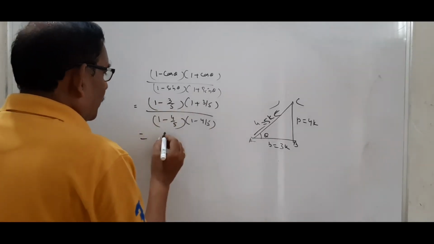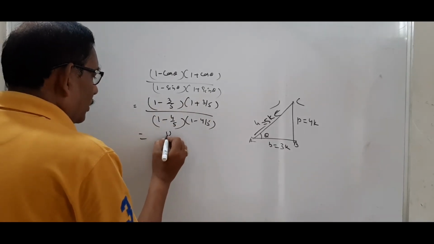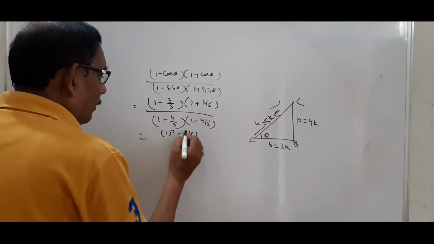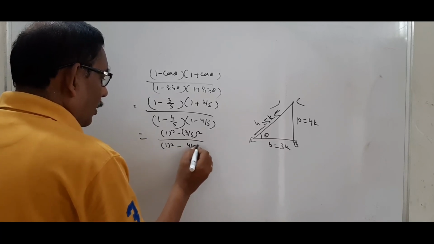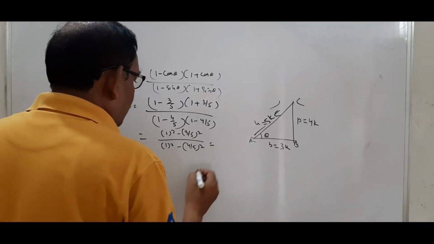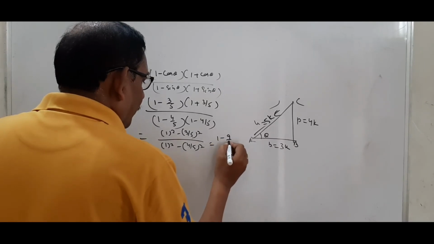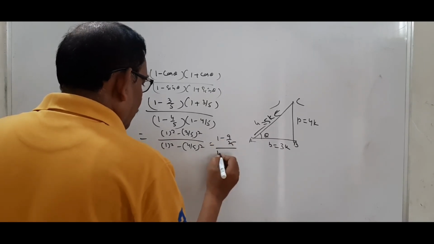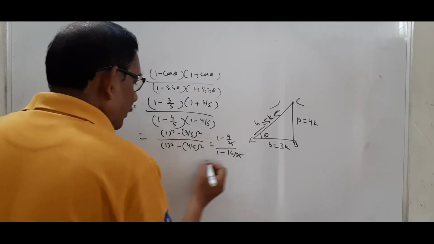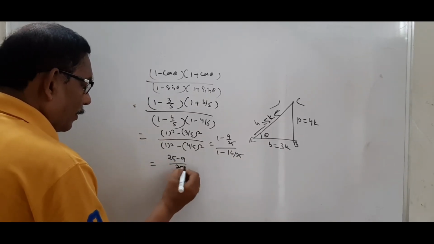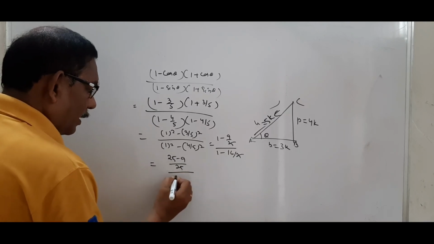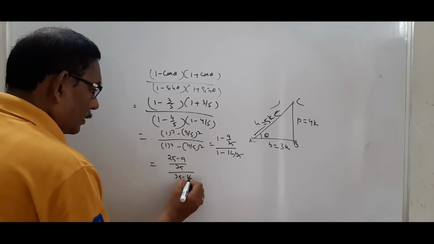Applying A minus B into A plus B, that is 1 square minus the square, so 1 minus 9 by 25 over 1 minus 16 by 25. So 25 minus 9 by 25 divided by 25 minus 16 by 25.